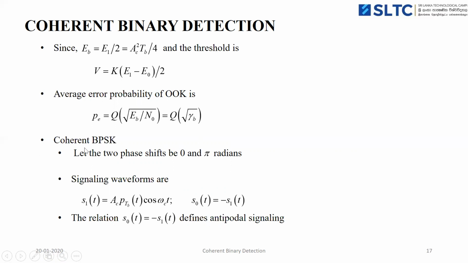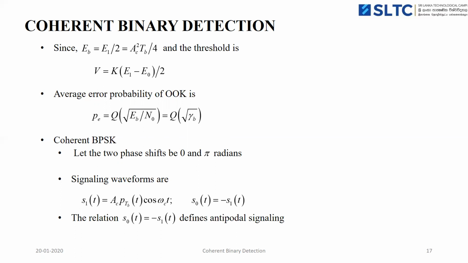Then coming to the second type of modulation, BPSK modulation, using coherent detection. In this case, for BPSK modulation, there are two phase shifts we are using, 0 and pi. When the binary bit is 1, the phase shift is 0. When the binary bit is 0, the phase shift is pi.